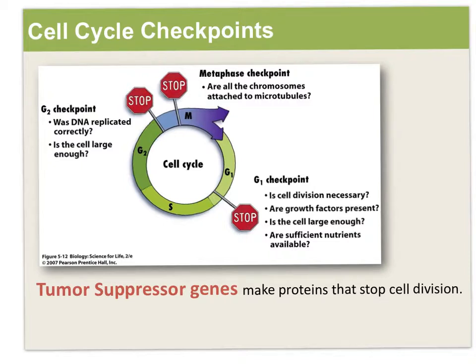That takes a lot of resources, including nutrients and energy. So, at the G2 phase, after the S, was the DNA replicated correctly? In other words, were there any mistakes or not? If there were enough mistakes, it'll stop there, and it will not proceed to mitosis. Again, is the cell large enough and does it have enough nutrients?